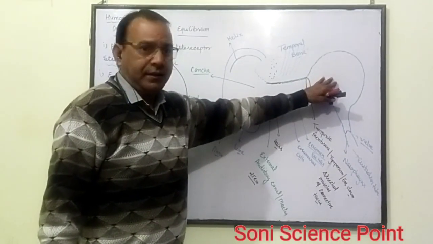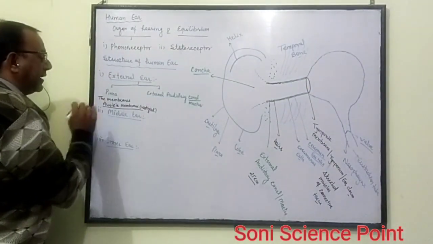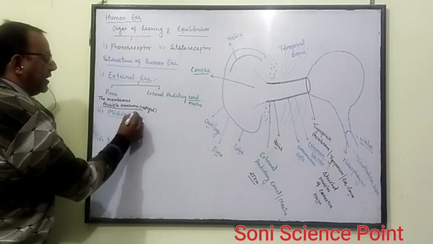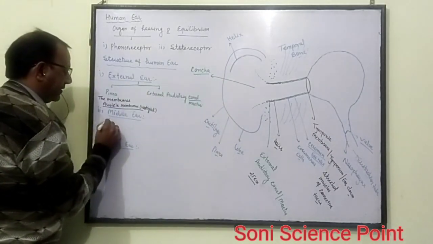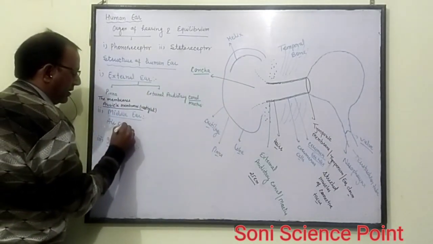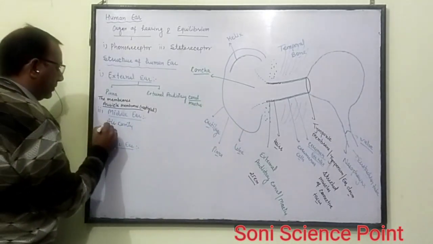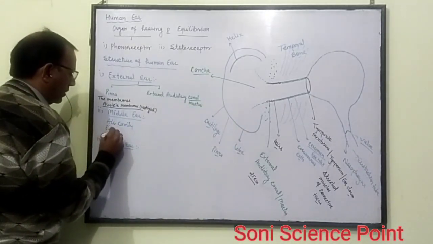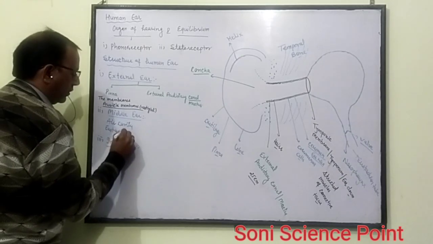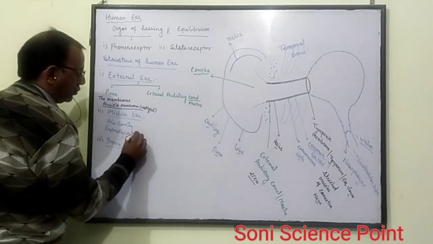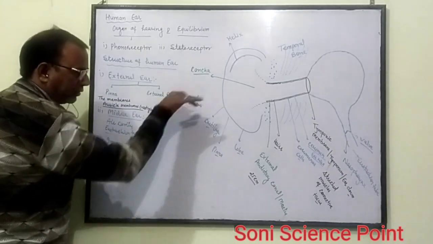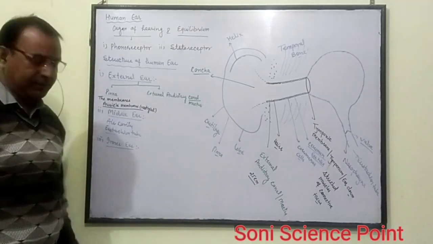In the middle ear, the first part is an air cavity, and the second is the eustachian tube. This tube opens into the nasopharynx.